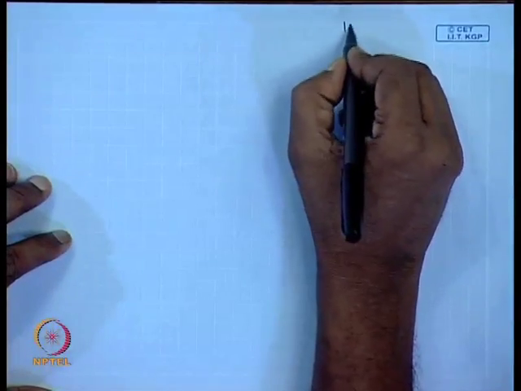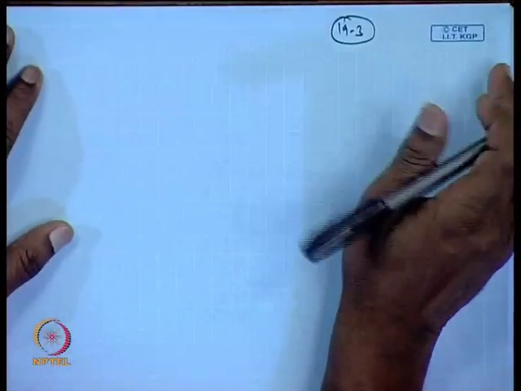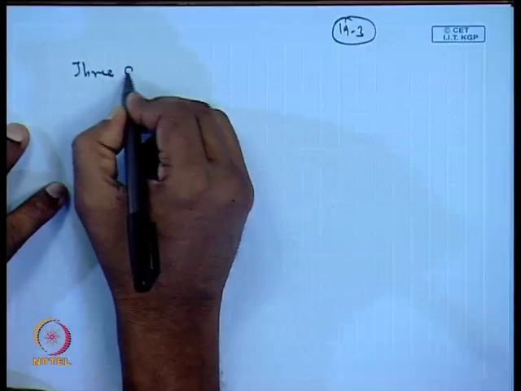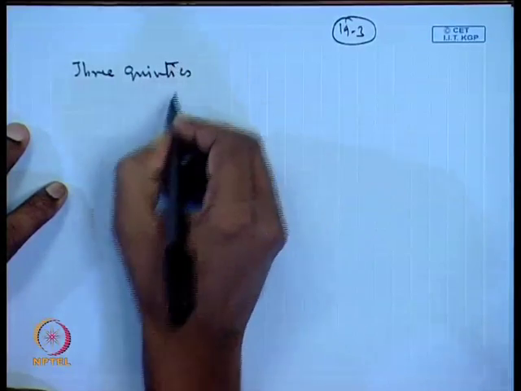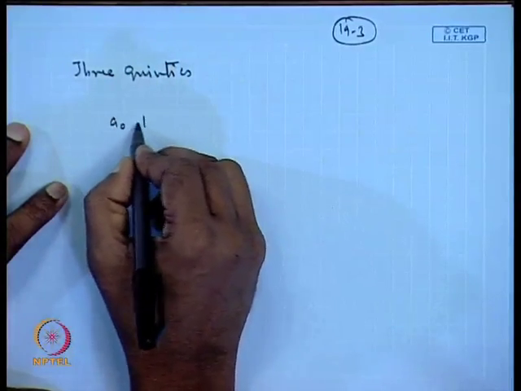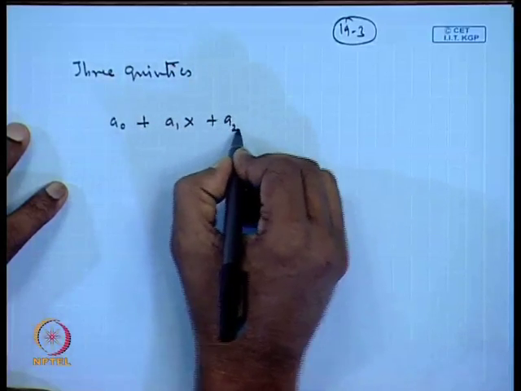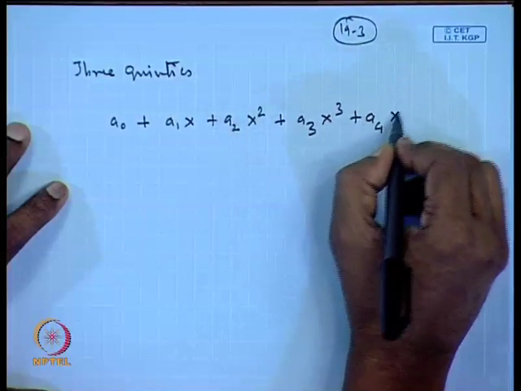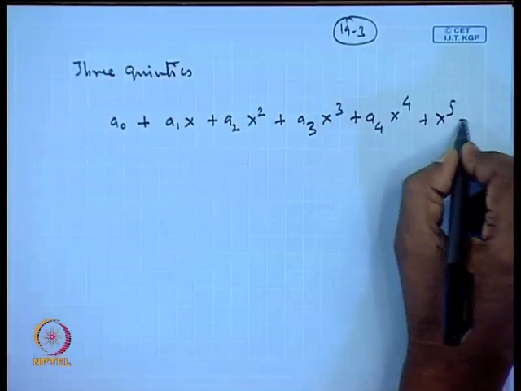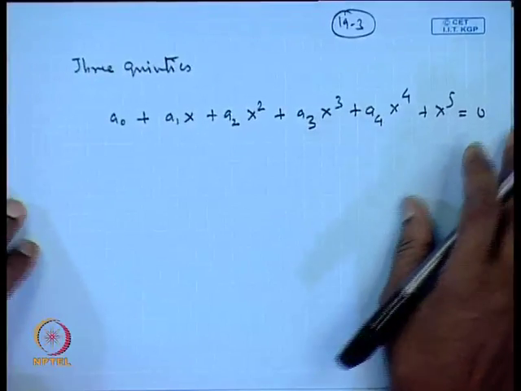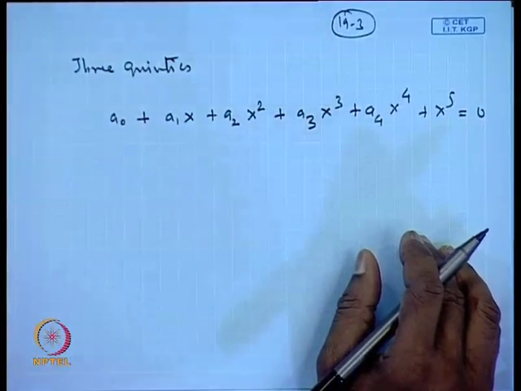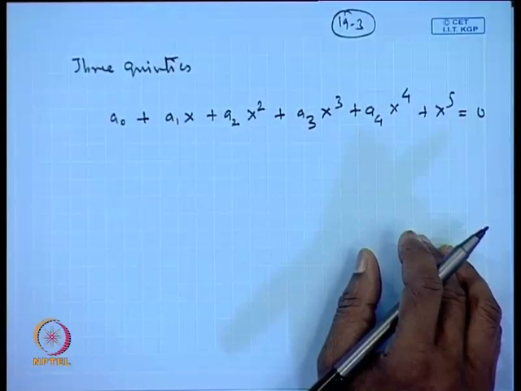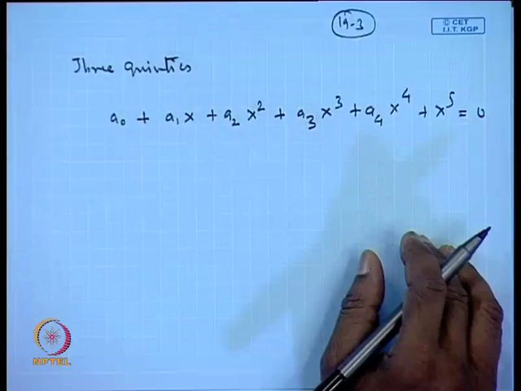So ultimately, what resulted last time was 3 quintics, of the form a 0 plus a 1 x plus a 2 x square plus a 3 x cube, and the solution of these quintics will give the 3 Lagrangian points.